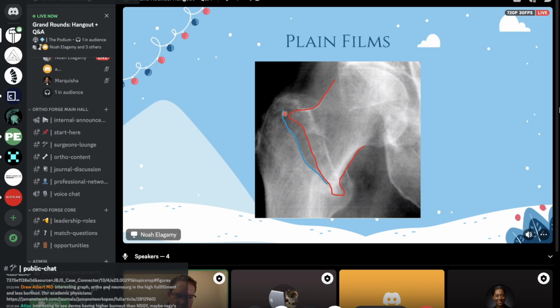Usually we think about them as stable or unstable, which we'll get into in more detail at a different talk, based on their morphology and what factors they include in their fracture pattern. But using terms like displaced or non-displaced is totally fine. That's another good describer. So I would call this a right minimally displaced inner troch, or a stable inner troch.